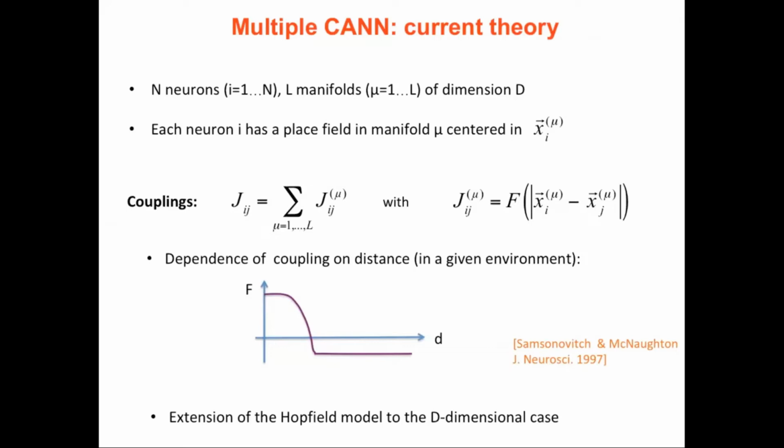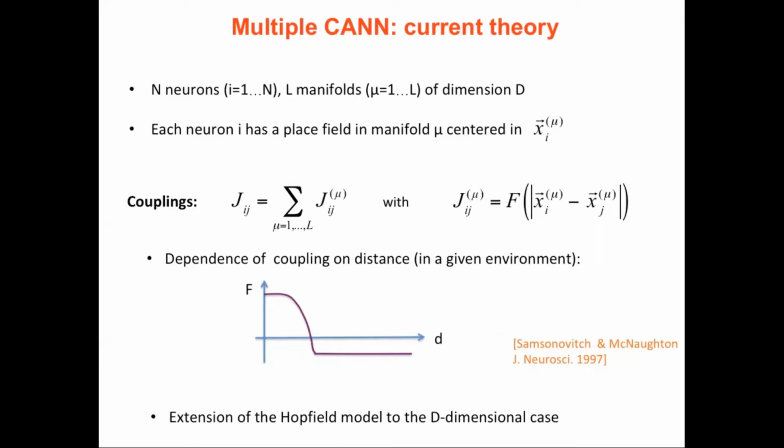And the couplings were given by the sum of the synaptic interaction matrices, Jij mu, where each Jij mu is a function of the distance between xi mu and xj mu in the environment mu. And f is a decreasing function of the distance, which goes from being positive to negative as the distance is increasing. So it's just an extension to the d-dimensional case of the Hopfield model that you can see as the case d equal to 0, which corresponds to discrete attractors.